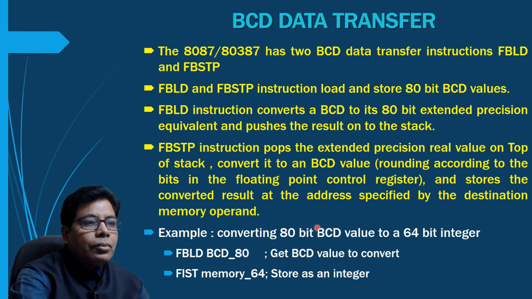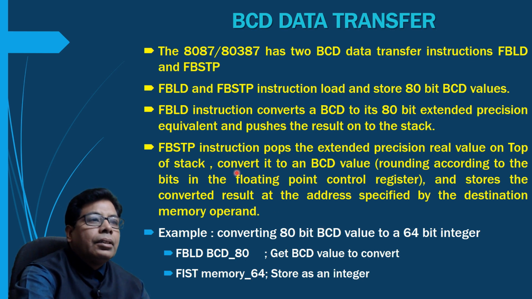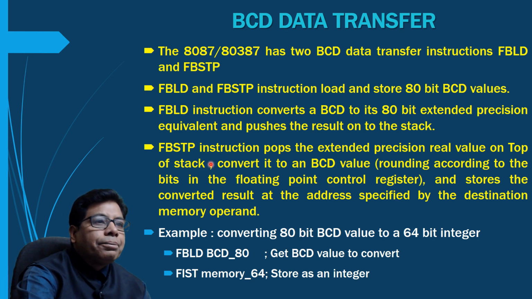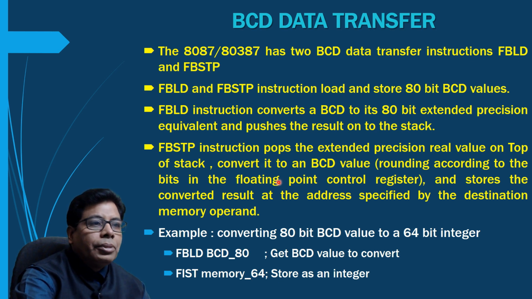So here again the conversion rounding will be there, and it will convert to the particular BCD value, and then it will store. You should note that only FBLD and FBSTP are there, only two instructions. Other instructions are not here for the BCD.